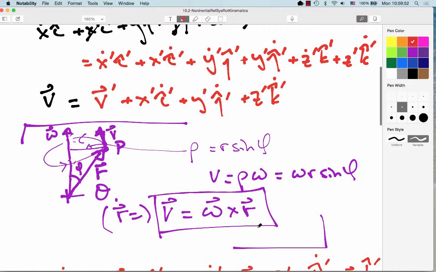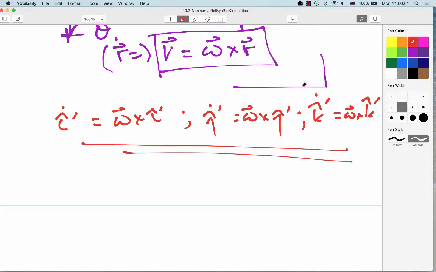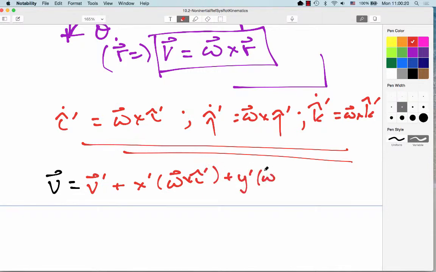So, from what we had before, we had that v equaled v prime plus these derivatives. So, v equals v prime plus an x prime omega cross i hat prime, then same with y's and z's. Now if we think about this though, this is just a scalar.